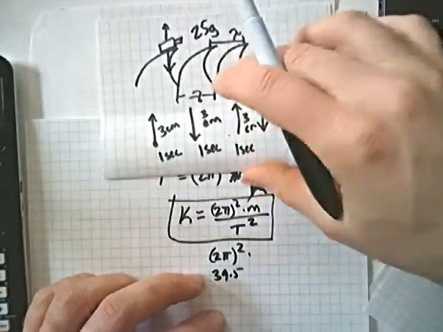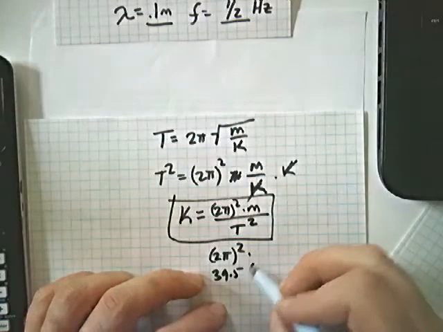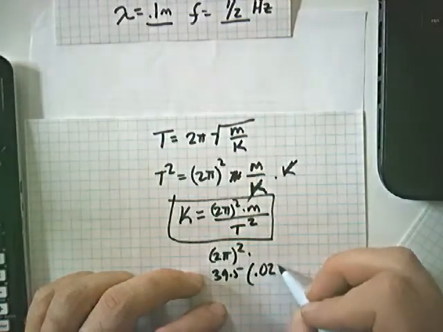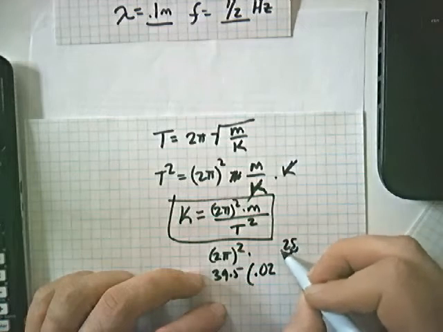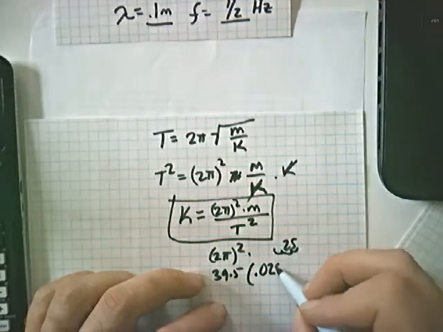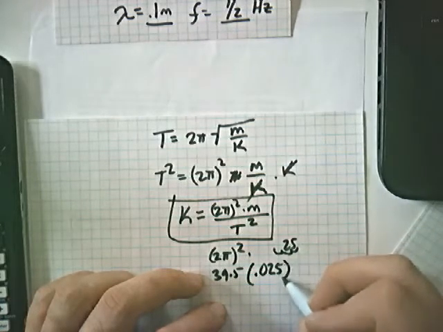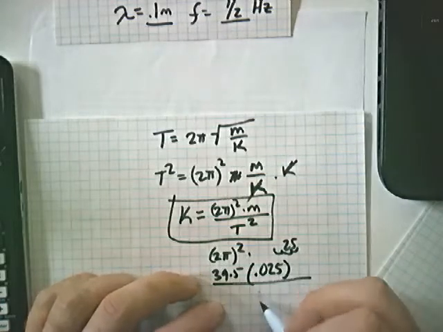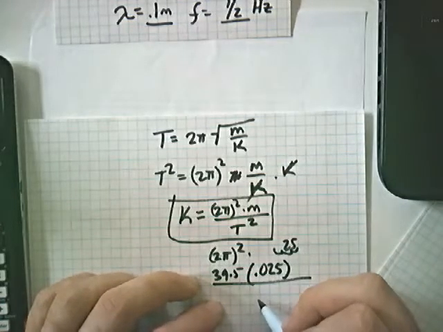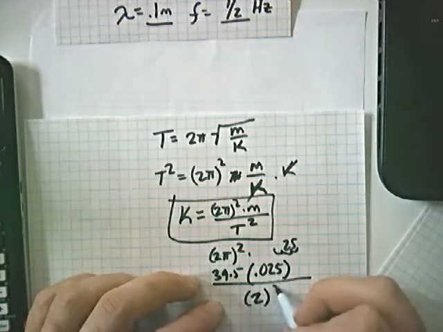Now remember, you can't leave it in grams. Got to convert it. 25 grams, move that decimal place over 3. 0.025 kilograms. Then we're going to divide this by the period squared. Now the time for one wave was 2 seconds, so we make that a 2 and we square it.